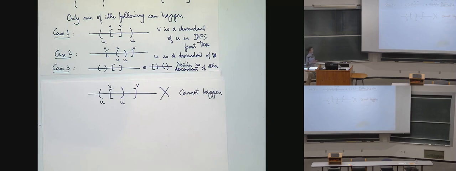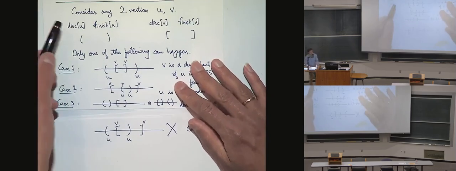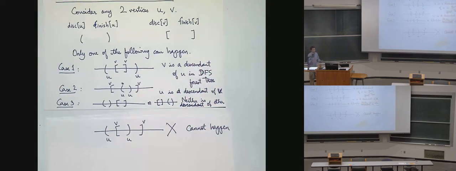So what this means is if you were to set your discovery and finish times in terms of matching parentheses, you will get a correct parenthetical string. Which is a very nice way of understanding what these start times and finish times look like.